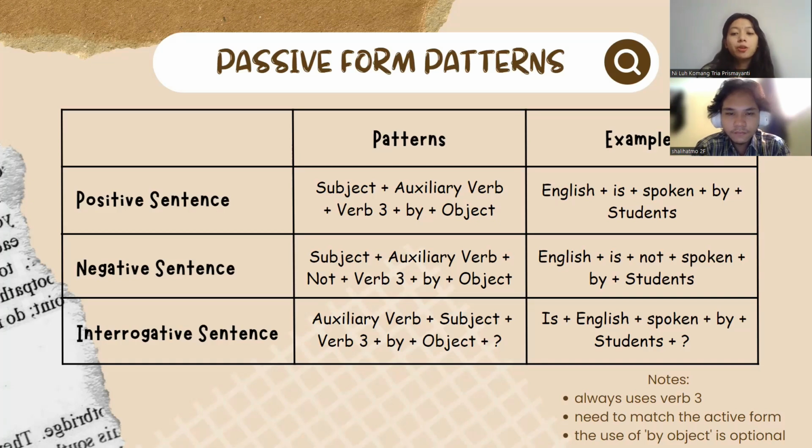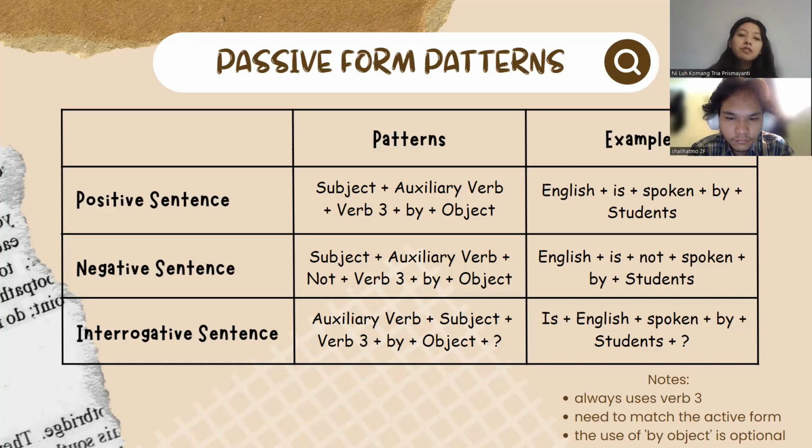Okay, so in the passive form, we have three main notes. They are: passive form always uses verb 3, whether it's present continuous, simple past, simple future, or whatever it is, it always uses verb 3. The second one is, when we want to change the form from the active to the passive, we need to match the active form.